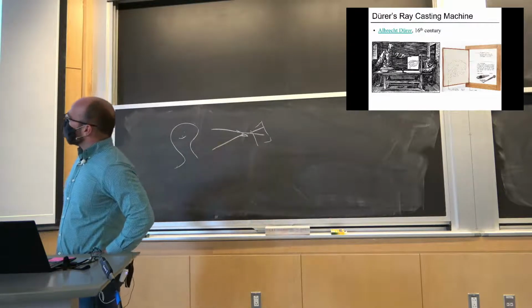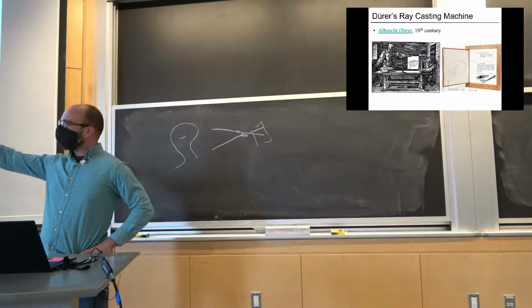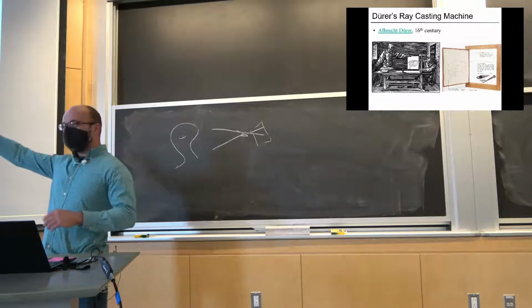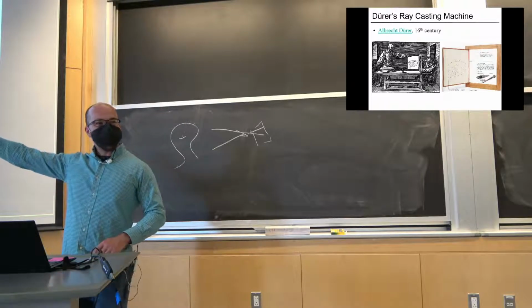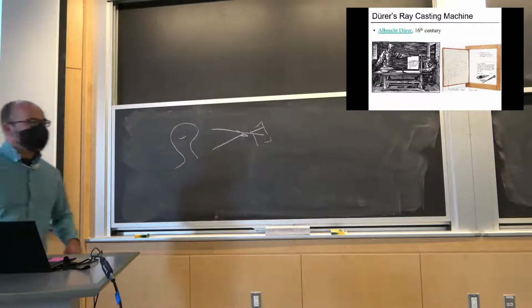You can see that Dürer is simulating the pinhole camera by having a piece of string which he's attached to the wall. So the wall is like the location of the pinhole camera. They've got this little square, which is the thing that they're going to draw eventually, and then he's holding the string to different points on, is that a lute? I think it's a lute, to get the perspective right.